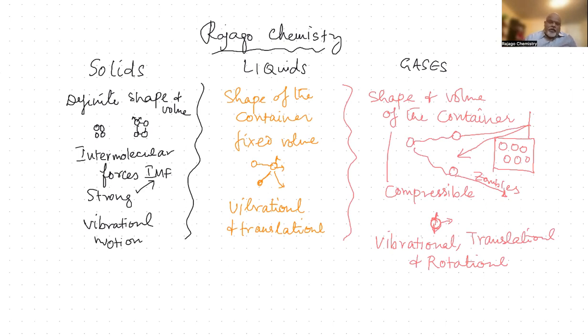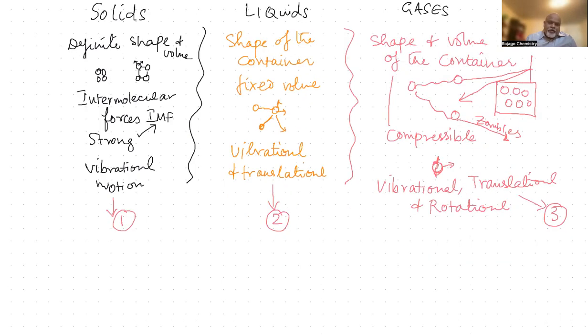Solids have one motion, one freedom. Liquids have two types of freedom. Gases have three types of freedom. That is why the entropy, the randomness, is increasing from left to right.